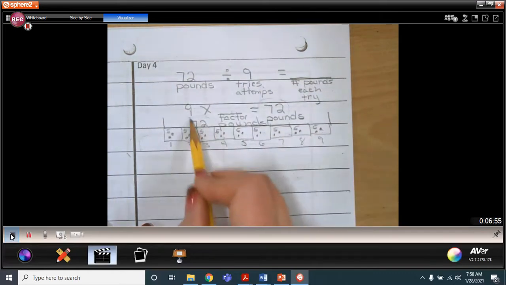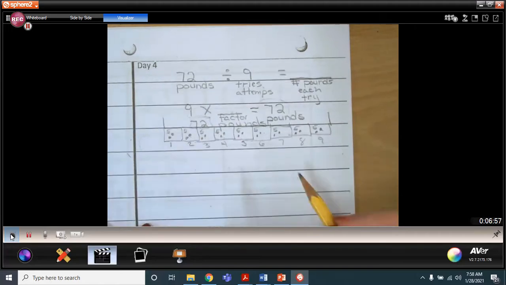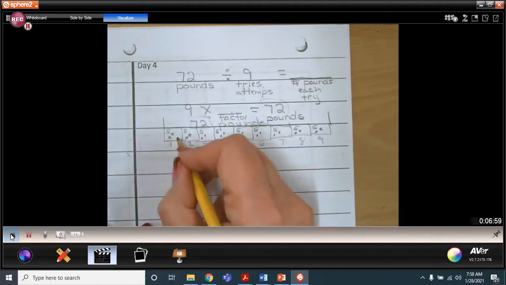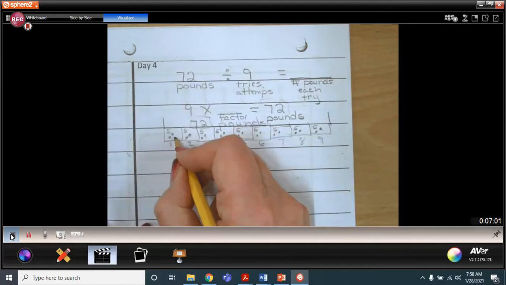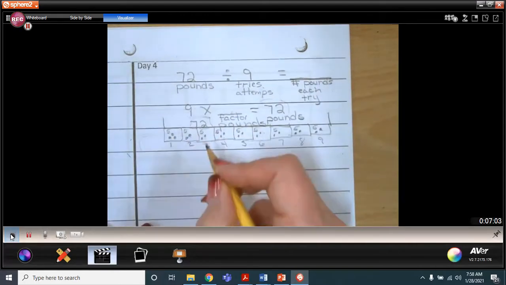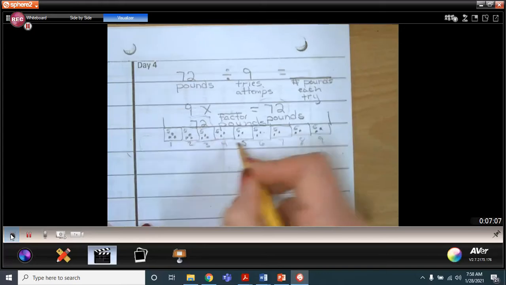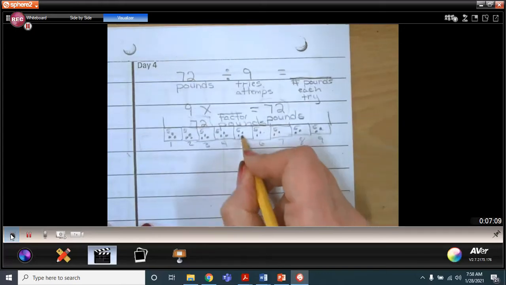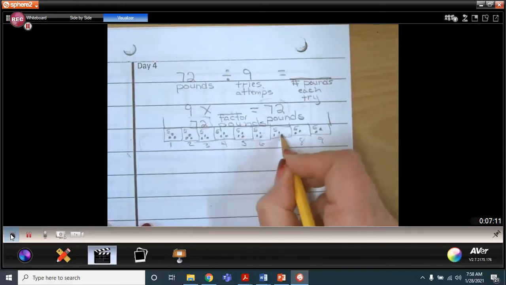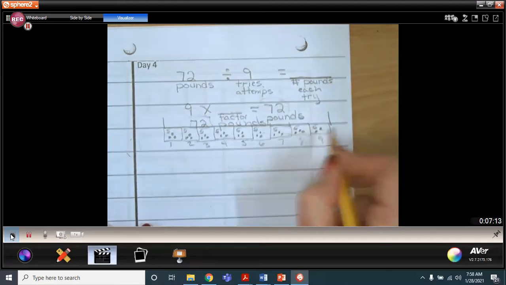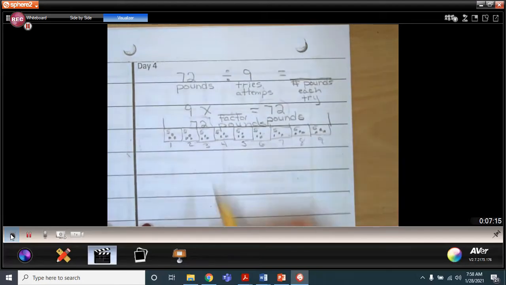Now, since this is an even number, why don't we try going at 2? Well, no, let's go ahead and try 1. So 63, 64, 65, 66, 67, 68, 69, 70, 71, and 72.